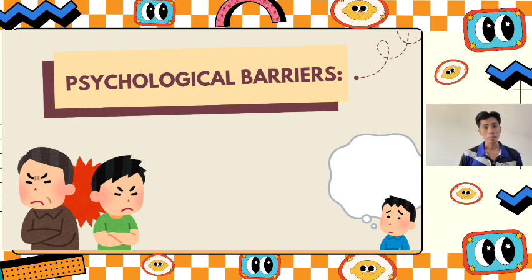The next example, status difference. So a significant difference in social status between the listener and the speaker can also create a barrier. One good example for this is in a school setting. Imagine yourself as a student talking to a higher personnel like a president or a dean from your college.